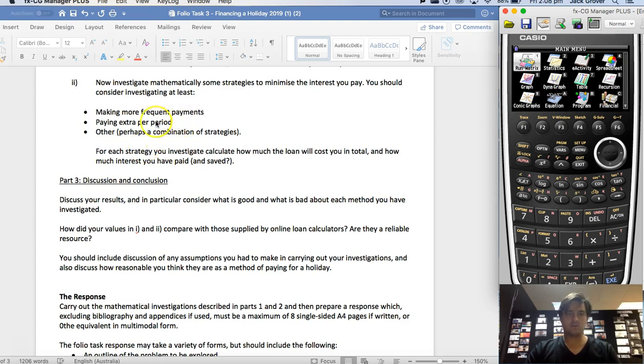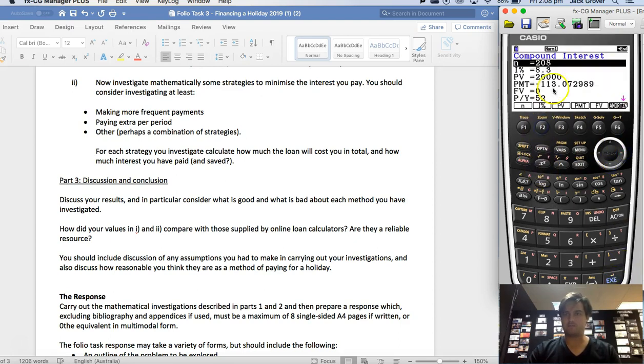Now, these next two are a little bit more complicated and involve a little bit more maths, but still relatively simple. You guys should definitely be able to do this. So let's say that we're going to go back and do our original end value. So we're going to do 26 times by 4. Our interest rate stays the same, present value stays the same.